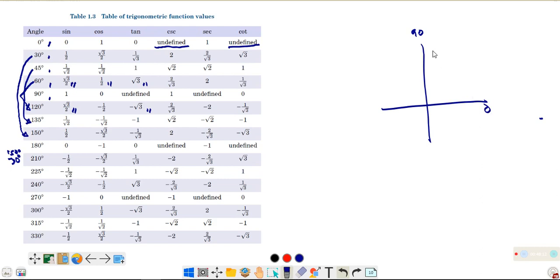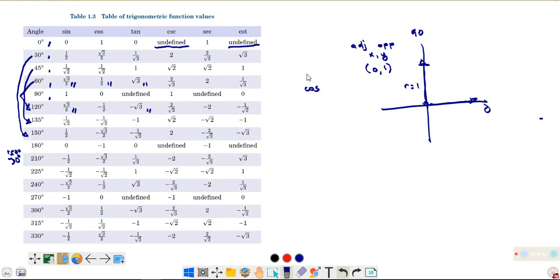Ayan, ito si 0. Ito yung initial side. Ito yung terminal side. We assume that the radius, ito yung radius natin, is equal to 1. And that is the same as your opposite or your sine. So, this is the adjacent.